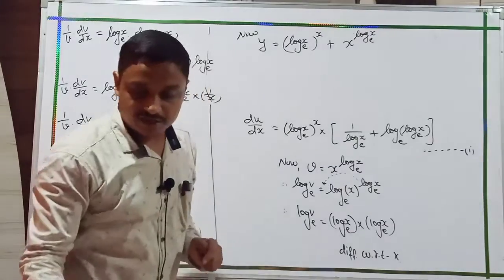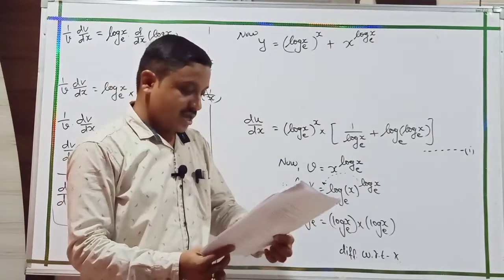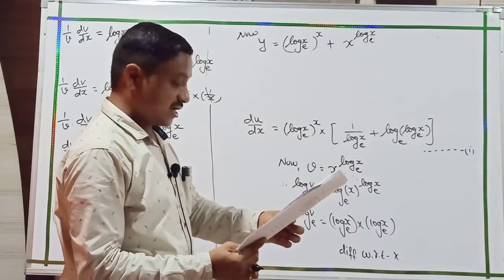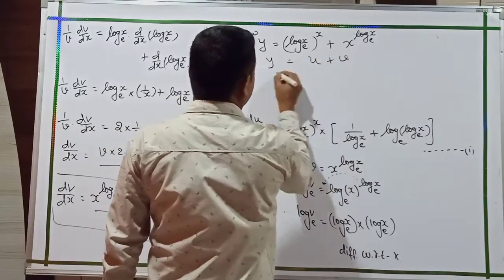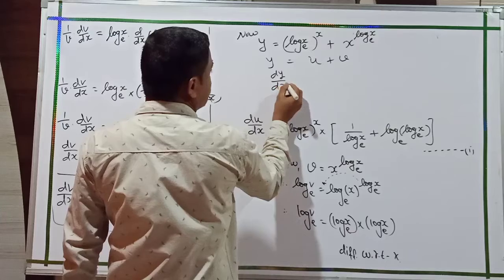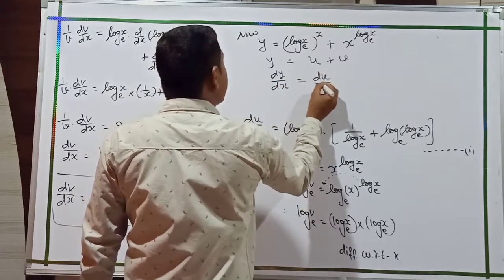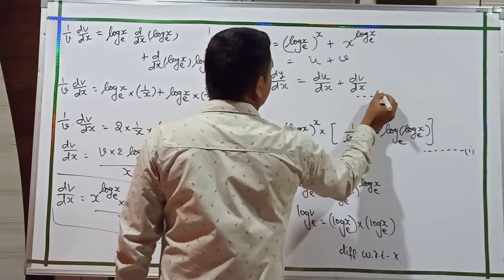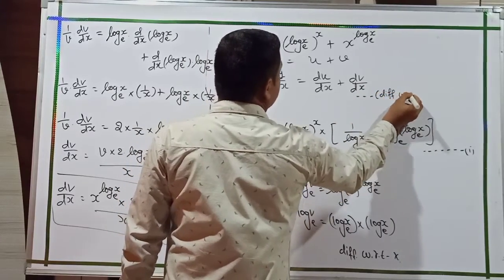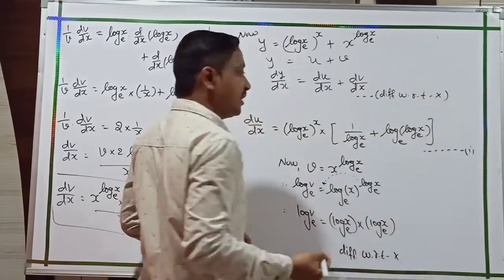One more time I check whether it is true or not: yes, (log x) raised to x and x raised to log x. So y is equal to u plus v, and here students, dy by dx you get just du by dx plus dv by dx, and here mention differentiation with respect to x.